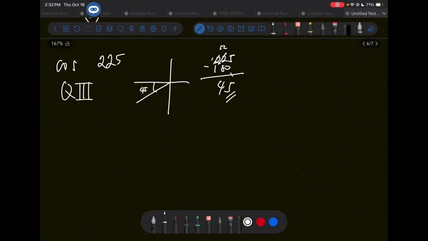Now what is cosine 45? It is equal to square root of 2 over 2, right? But we're going to find cosine 225, and cosine refers to x, and here your x is in a negative value, so cosine 225 is negative square root of 2 over 2.